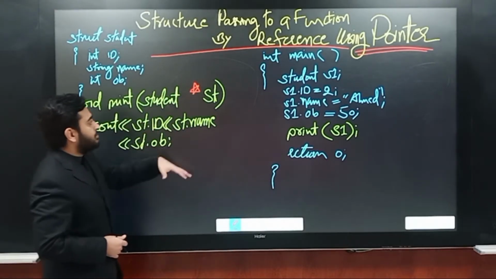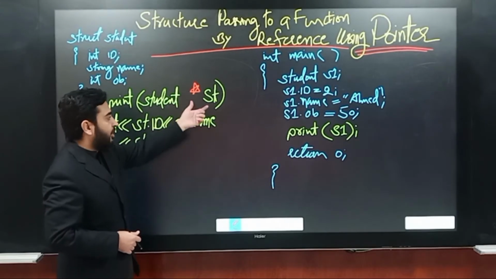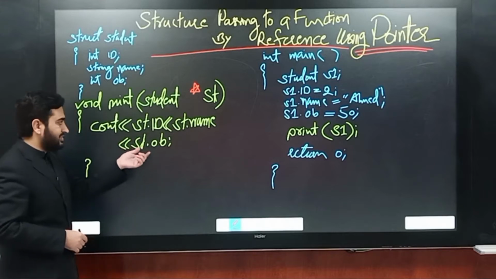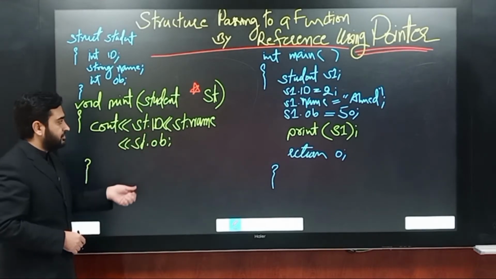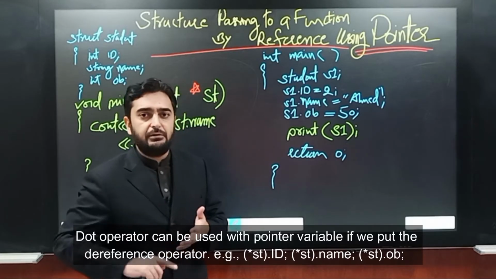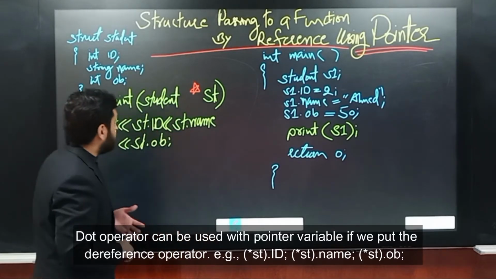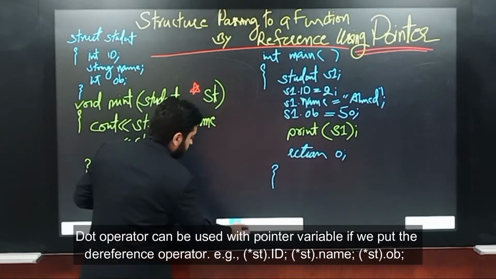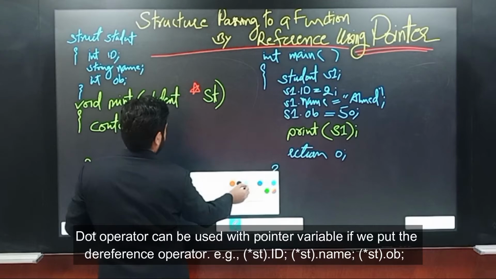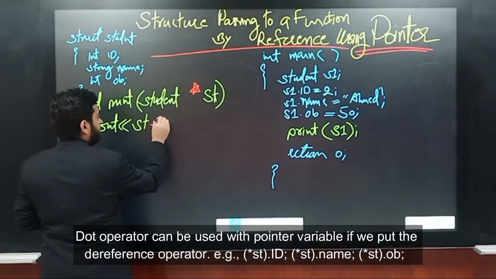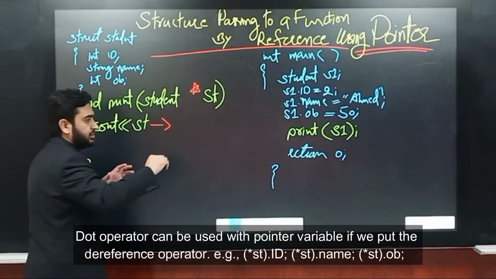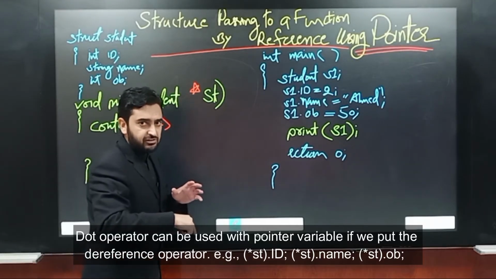If you want to access the data members through pointers, then we shall not use the dot operator. The dot operator can only be used with a simple variable or the alias. So what can we use? We shall use the arrow operator, the dash and the greater sign.